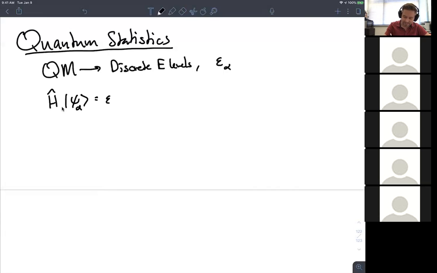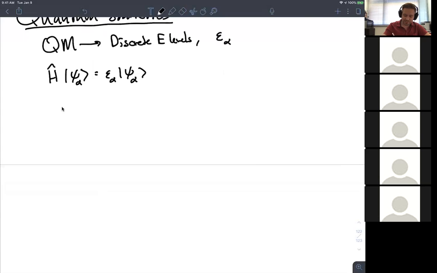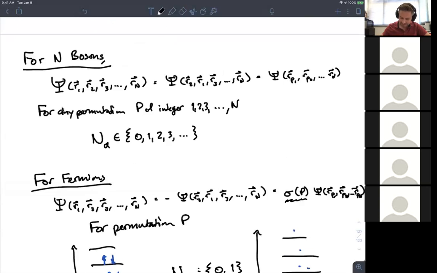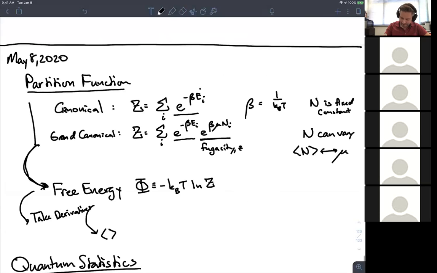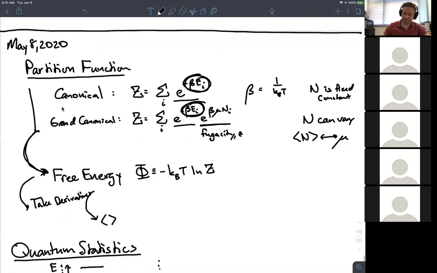Okay, so if this is psi alpha, then I get energy eigenvalues out. In other words, the Hamiltonian is the energy, right? And the energy is what we need to know in order to calculate the partition function.